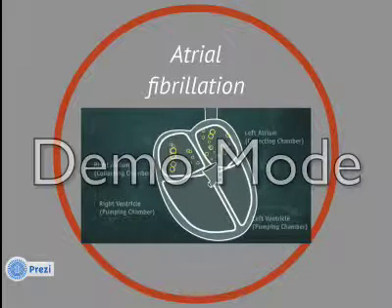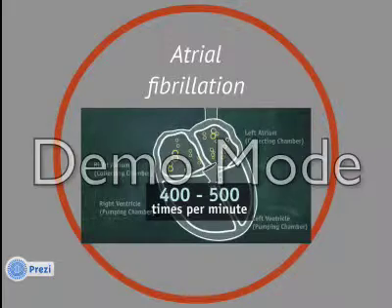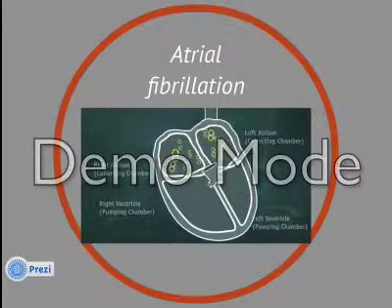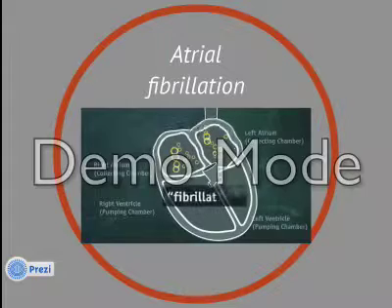What happens to the collecting chambers when you have these multiple short circuits is that they quiver. They beat very rapidly and uncontrollably, as many as 400 to 500 times a minute. So atrial fibrillation means that the atria, or collecting chambers, are quivering or beating very rapidly, so-called fibrillation.